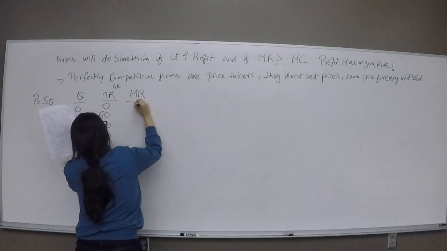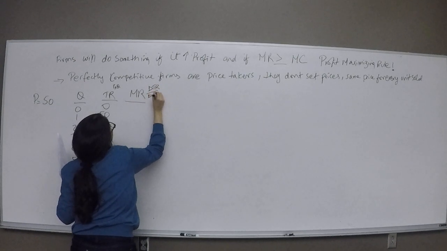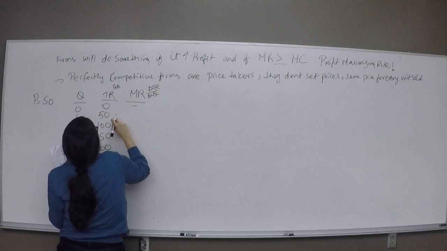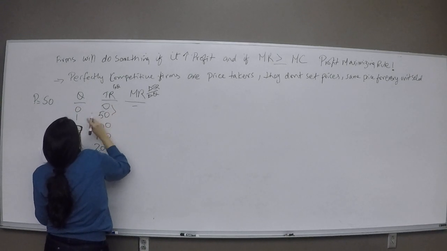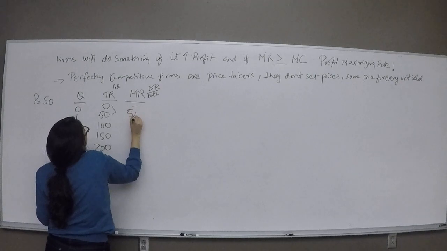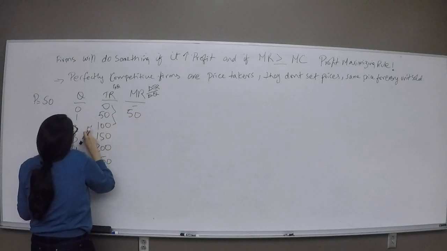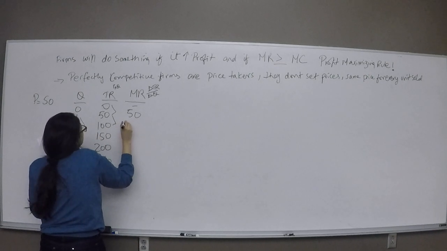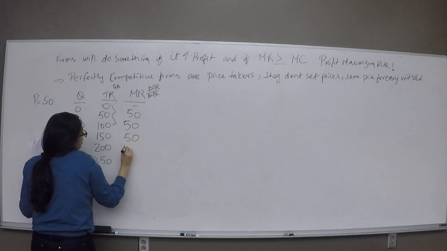The marginal revenue, which is change in total revenue divided by change in quantity. So for 0 it's nothing. For the first one, the change in total revenue is 50. The change in quantity is 1, so it's 50. For the second one, change in total revenue is 50 divided by change in quantity, which is 1. So it's 50. And you will see that it's 50 for all of them.